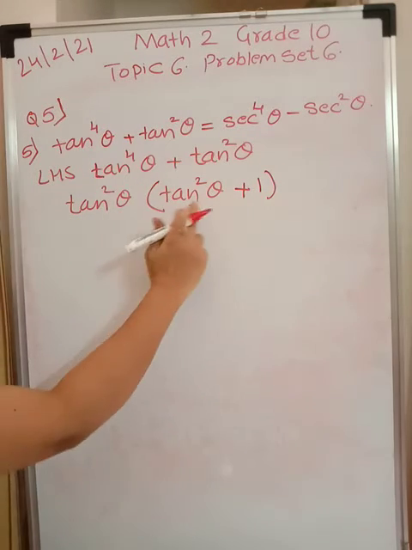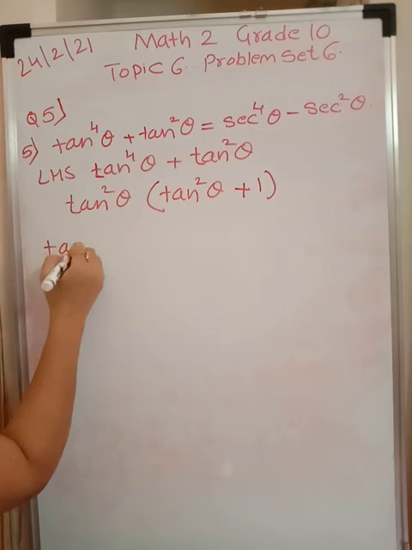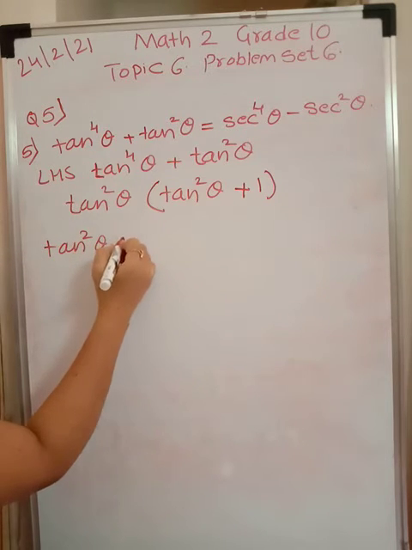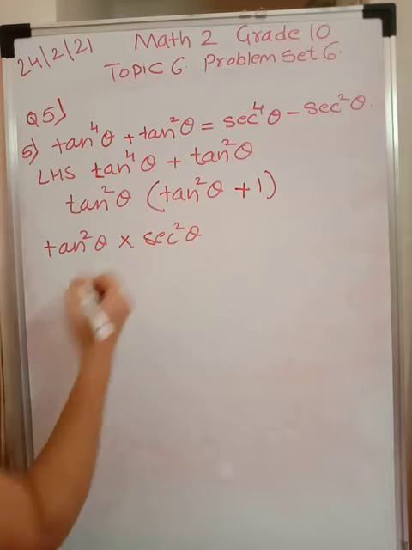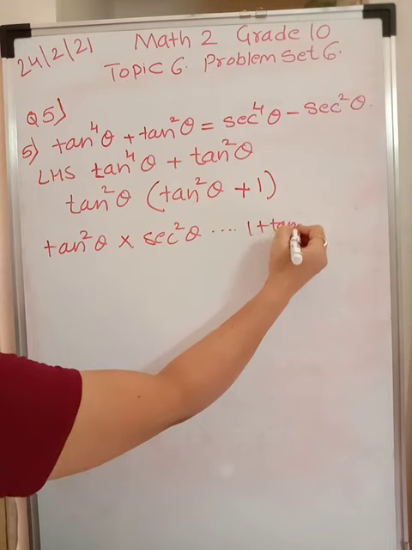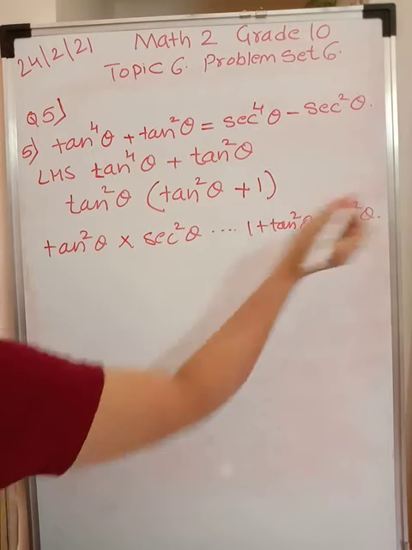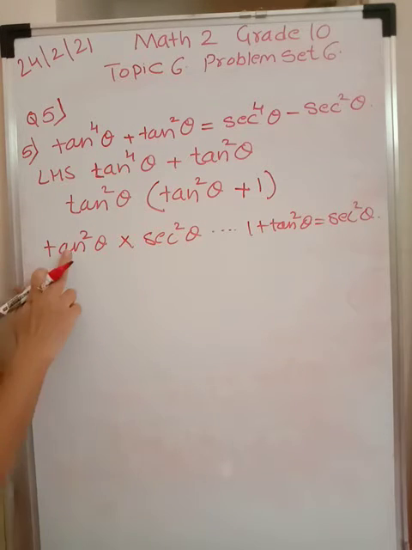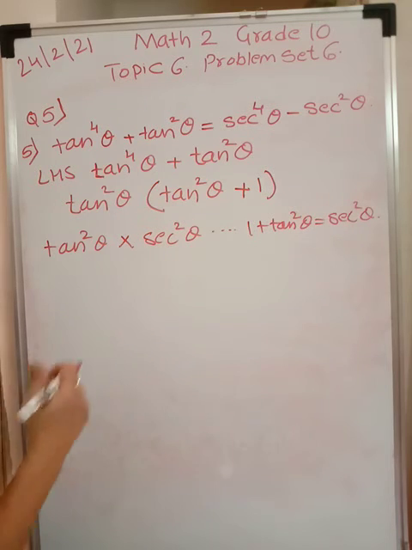For 1 plus tan square theta, we can write it as sec square theta. So you have tan square theta into, this is what? Sec square theta. What is the reason? Reason is 1 plus tan square theta is equal to sec square theta. Alright. Now for this tan square theta, if I shift 1 over there, it will be sec square theta minus 1.